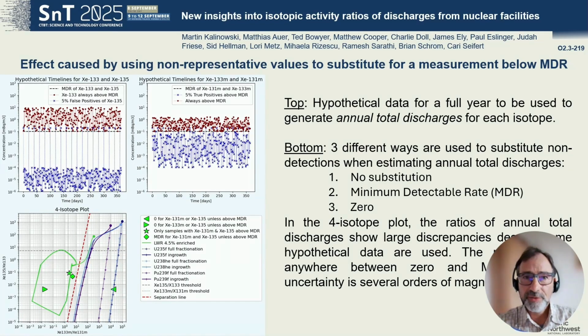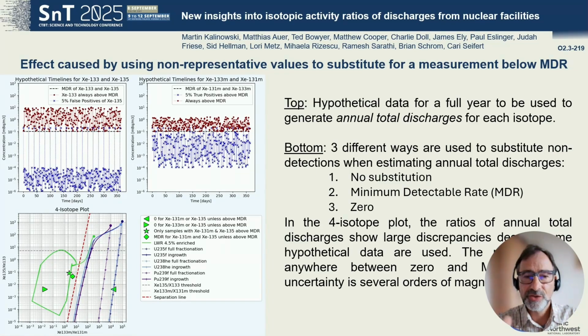I want to have a little excursion here and also explain the effect caused by using non-representative values to substitute for a measurement below MDR. So I did a little experiment. I used hypothetical data for a full year to be used to generate annual total discharges for each isotope.